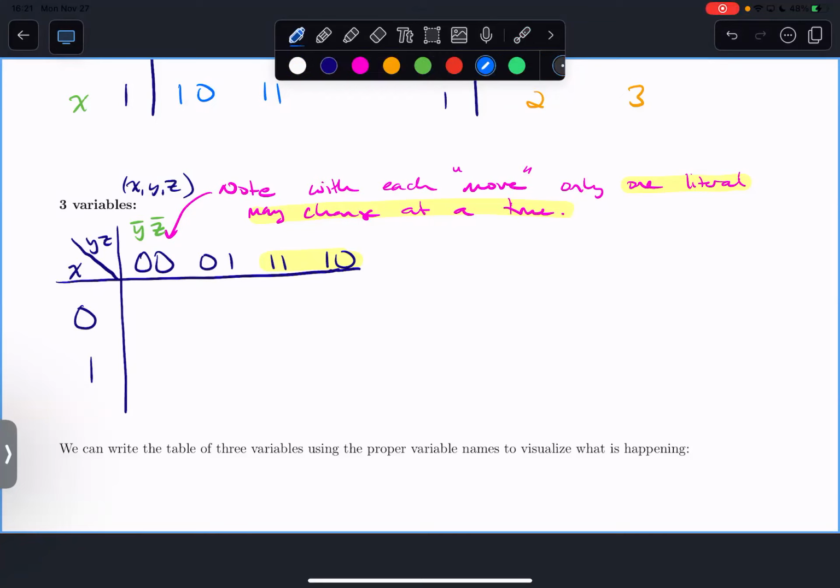It's fine. We want to have a look at what values are represented in each of the cells, then we can say 0, 0, 0, 0, 0, 1, 0, 1, 1, 0, 1, 0, 1, 0, 0, 1, 0, 1, 1, 1, 1, 1, 1, 0.